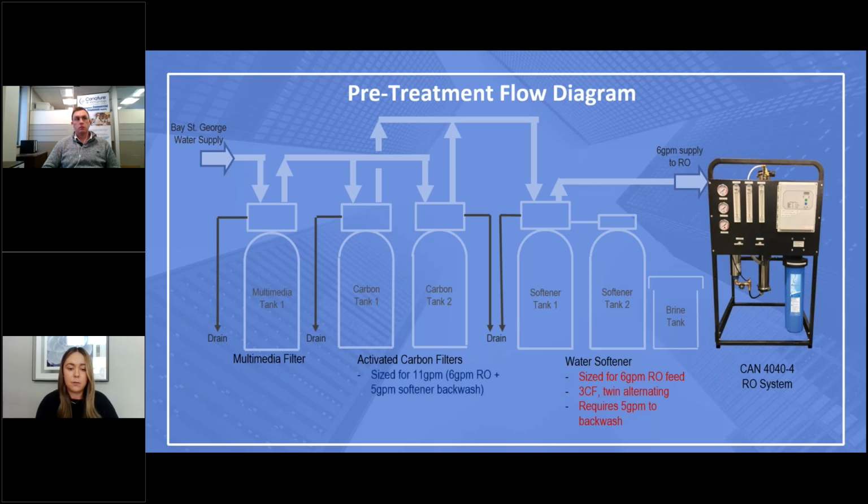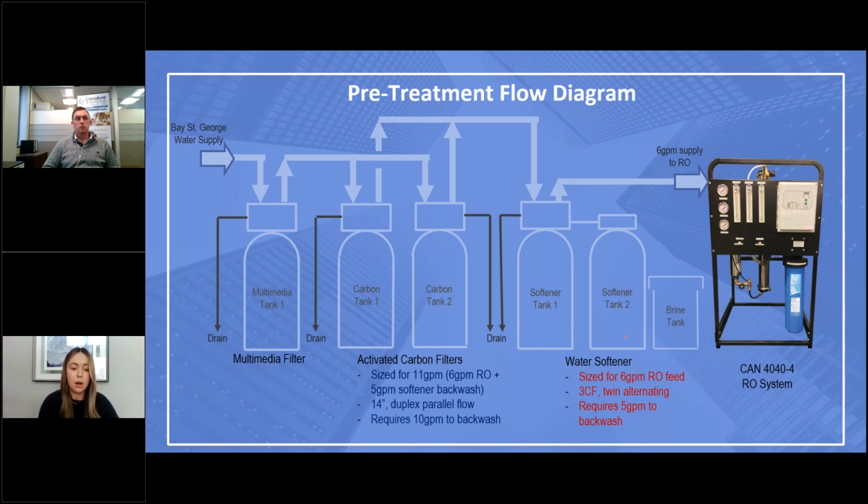So the carbon filter, for example, is not only going to be sized for the 6 gallons a minute flow to the RO system, it now also needs to handle the 5 gallons a minute backwash flow rate of the softener. So we're going to size our carbon filter for 11 gallons a minute. In this case, I'm going to go with a 14-inch duplex parallel flow carbon filter. This one requires 10 gallons a minute to backwash.